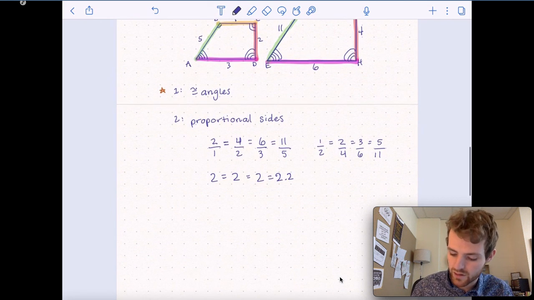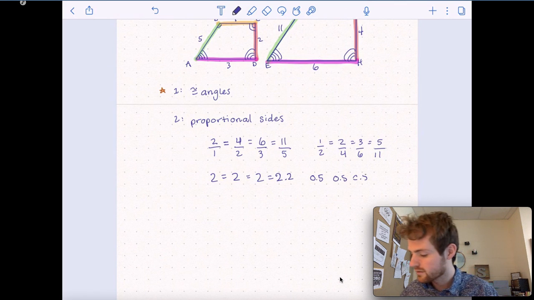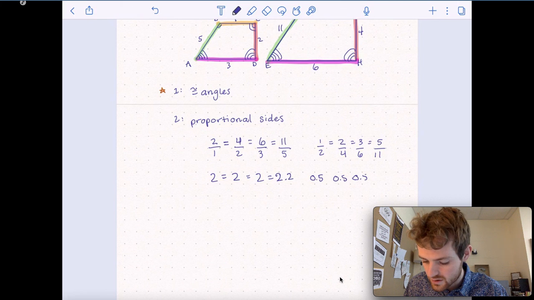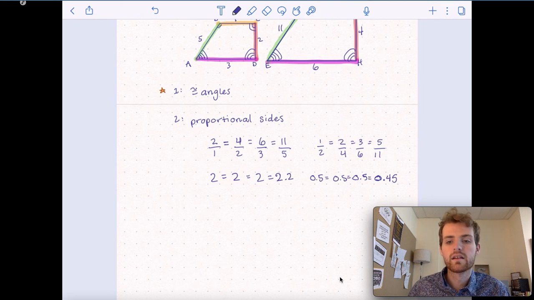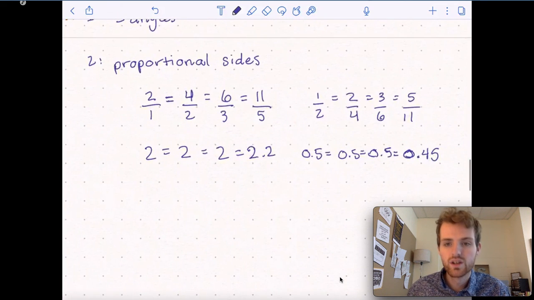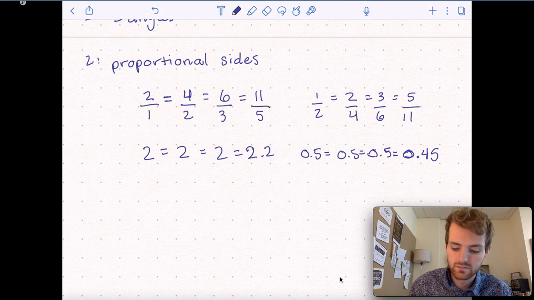When we look at the other one, 1 over 2 is 1/2. 2 over 4 is also 1/2. 3 over 6 is also 1/2. 5 divided by 11 is 0.45. So the question: do all of these numbers match?